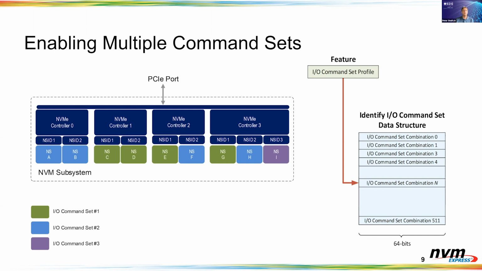At the other extreme, you can say, I want to support all 3 command sets enabled at the same time, and with commands interleaved in an arbitrary manner. You can also do things in between. For example, you can express that you want to allow command sets 1 and 3 at the same time, or you can enable command set 2, but you can't enable all 3 command sets at the same time.